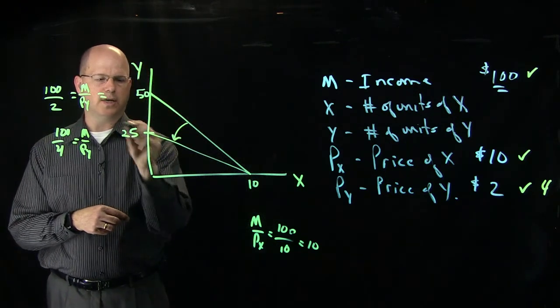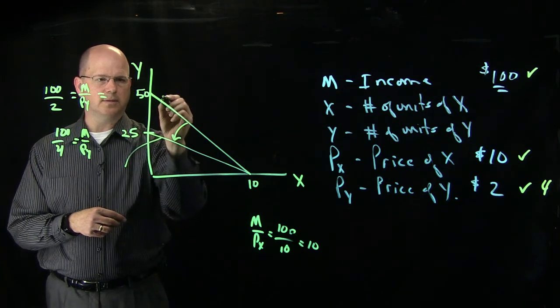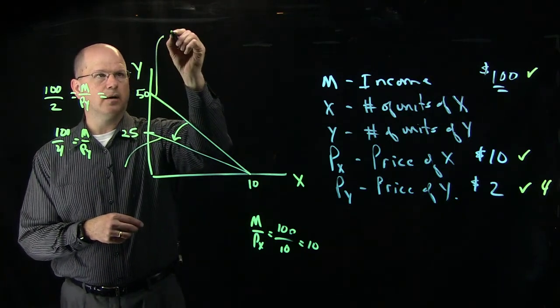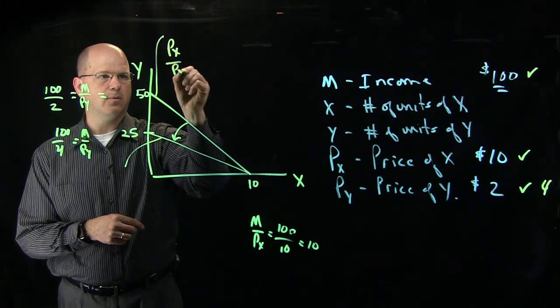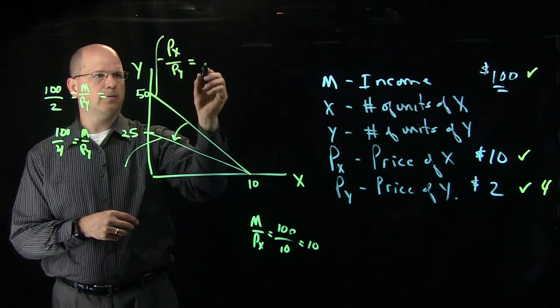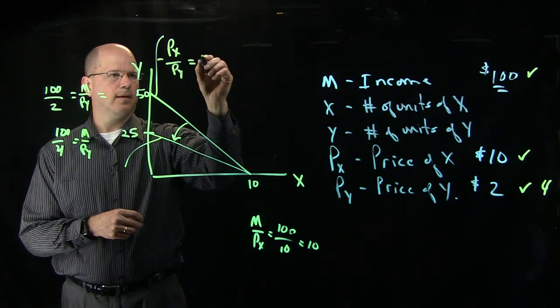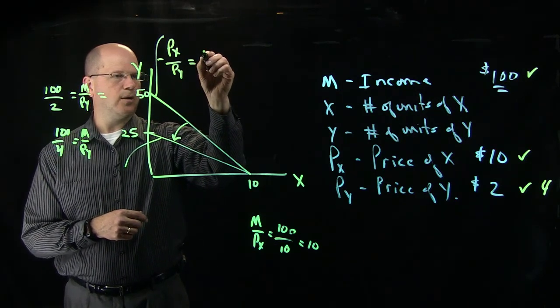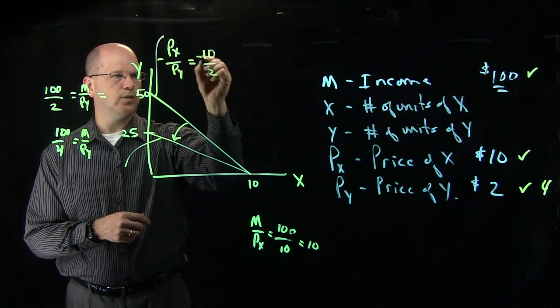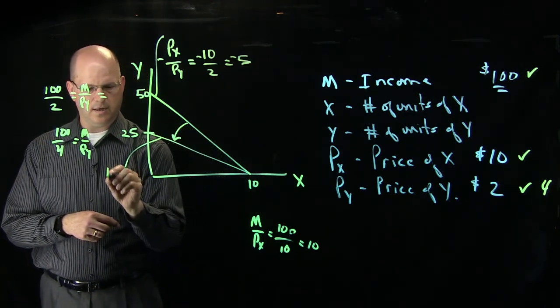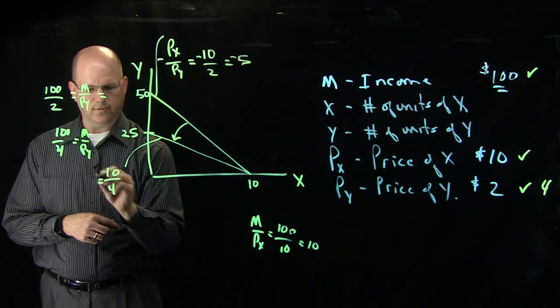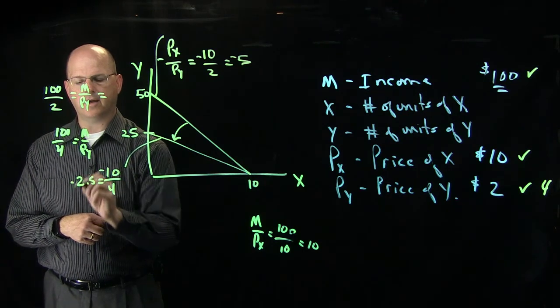The endpoint changes, and what was our slope here? The slope is negative PX over PY, right? So our slope here was 10 over 2 or minus 5. And the slope here is 10 over 4 or minus 2.5.